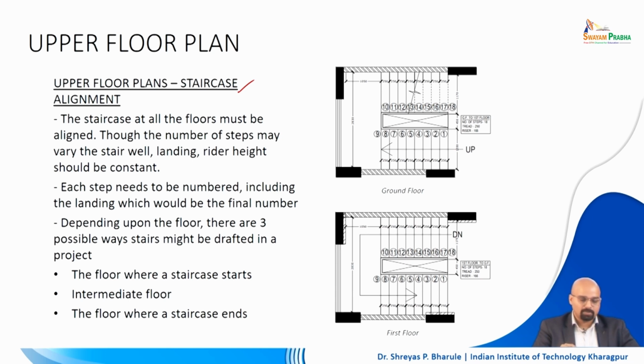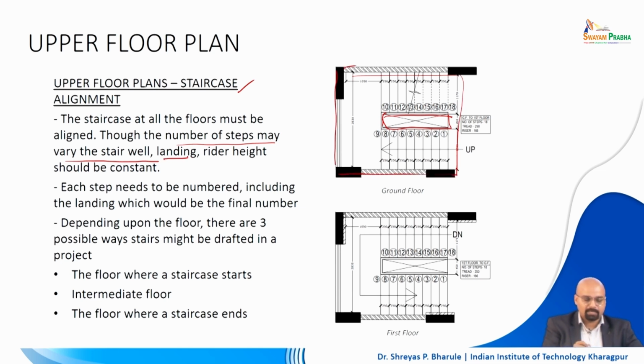Now, let us talk about the representation. In all of the drawings, all the staircases should have the number of steps, but along with that there can be a stairwell which may vary. So, the stairwell which is here may vary, all of this may also vary a little bit, right.